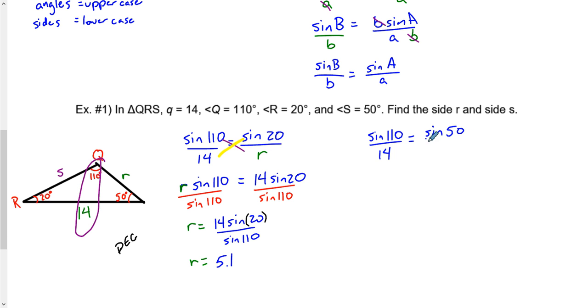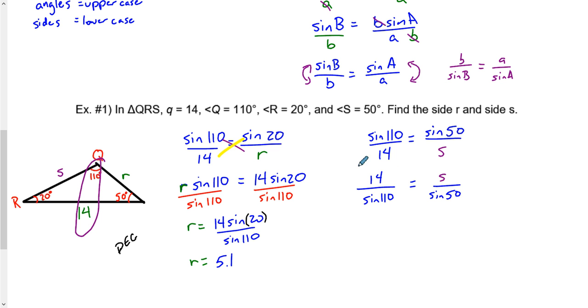So the sine of 50 over S. We can set this up as being the reciprocal, which means that as long as you flip both sides, sine of B over B, or sine A over A, or you can just switch the two sides, it's still going to come out to be the same thing. So what I mean is I can write this like this, and we're still going to be correct.